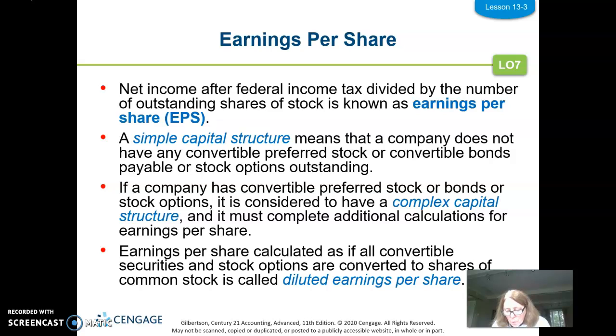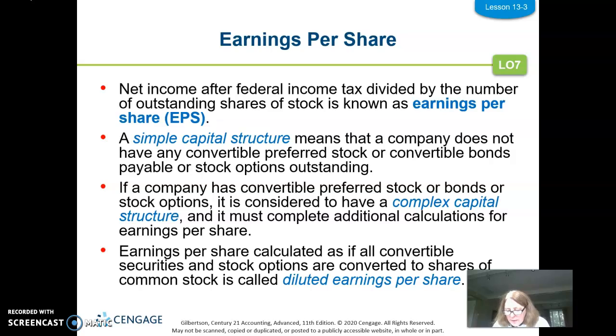Even though the bonds weren't converted during 2000X3, the company would have to calculate and disclose diluted earnings per share in addition to regular or basic that we just computed. The only part of the calculation that would change would be the number of shares of common stock outstanding.